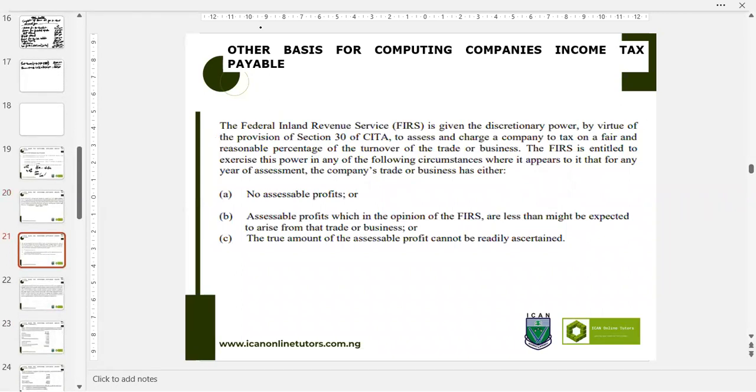So the FIRS in this case is given the discretionary power by virtue of Section 30 of CITA to assess and charge the company to tax on a fair and reasonable percentage of the turnover of the trade or business, and the FIRS is entitled to exercise this power in any of the following circumstances where it appears.